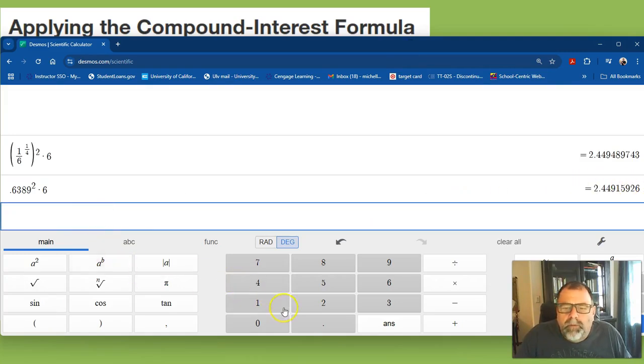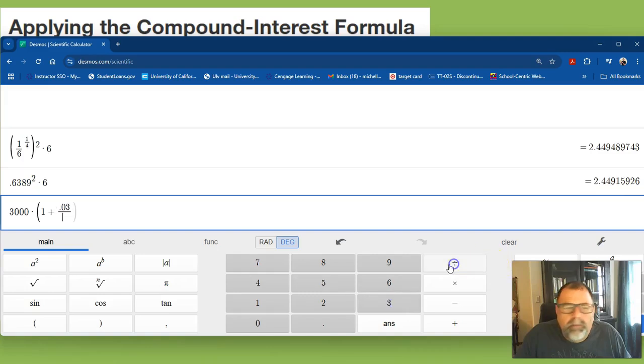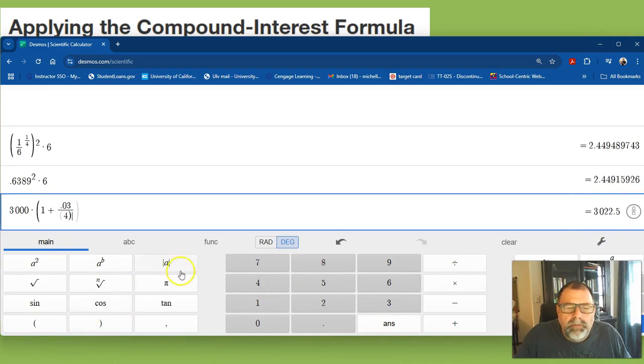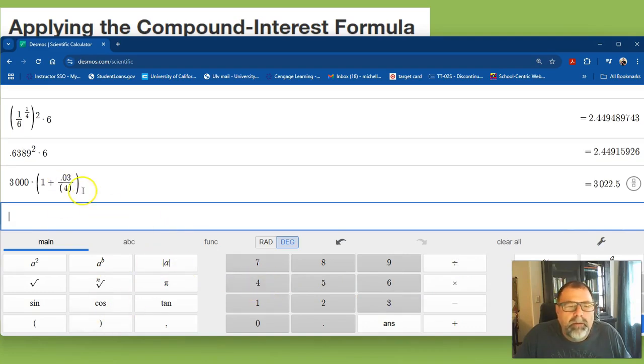So let's see, what was it? It was 3,000 times parenthesis 1 plus 0.03 divided by 4, close parenthesis. Oops, you have to make sure you're in the right spot here.